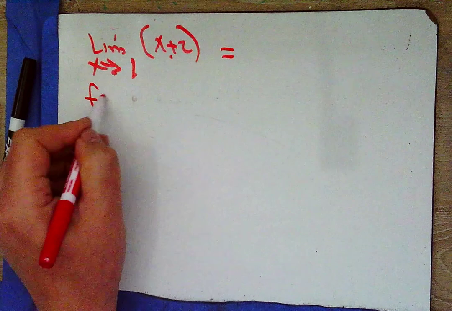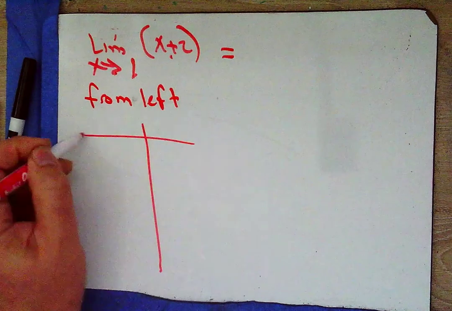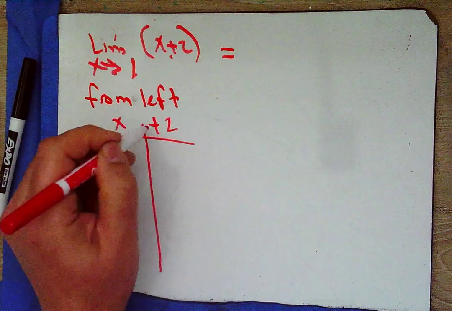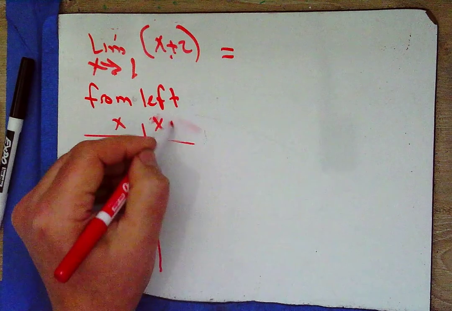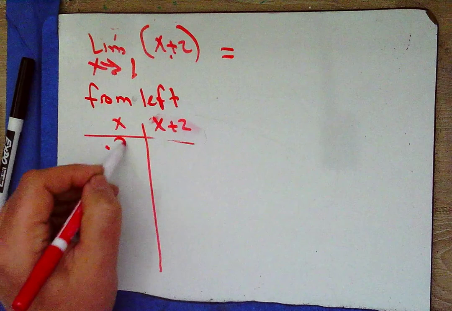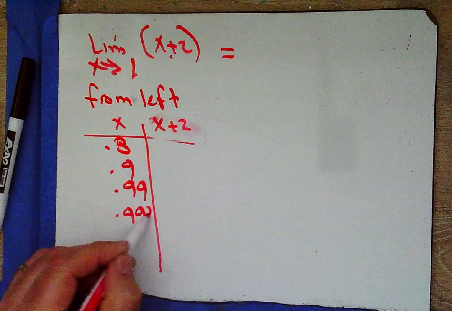So from the left side, I could use a table, x plus 2, and put in 0.8, 0.9, 0.99, 0.999.